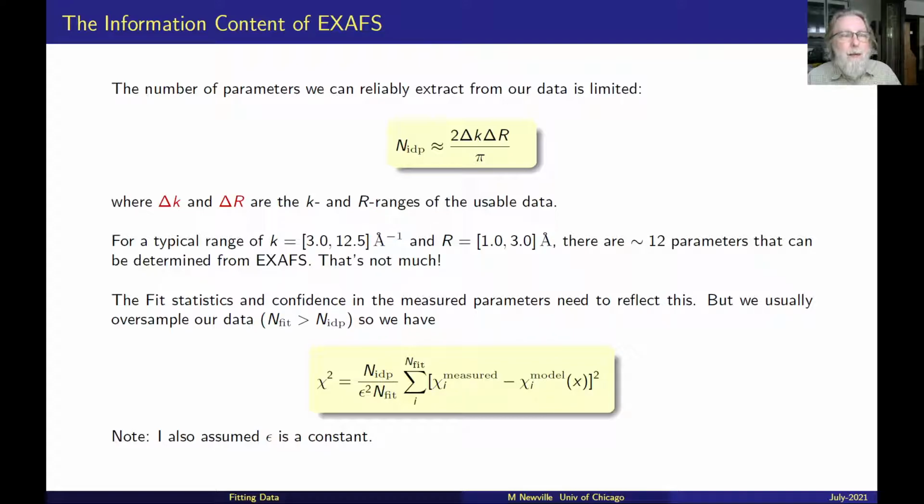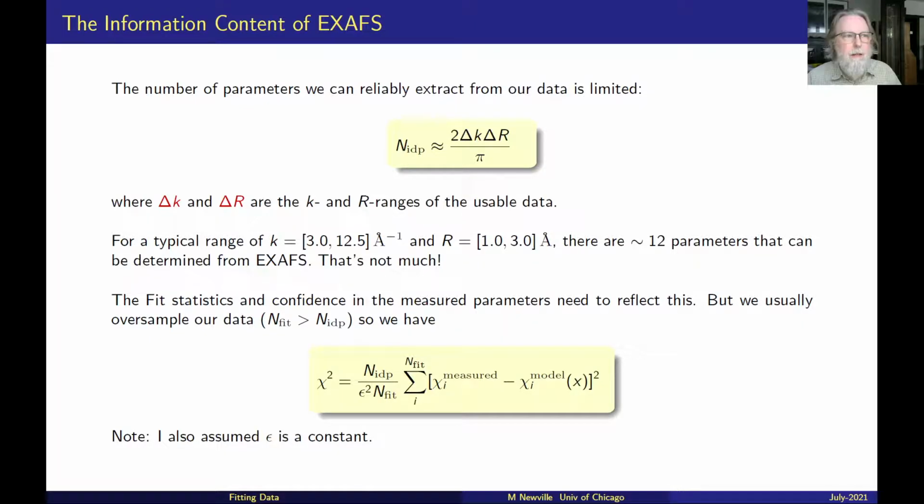But it's an independent measurement of mu. It's not an independent measurement of the local atomic structure around the atom that's doing the scattering. In fact, we have a much limited range of parameters, say 10 or 12 for typical XAFS data, that can be determined from the XAFS data.